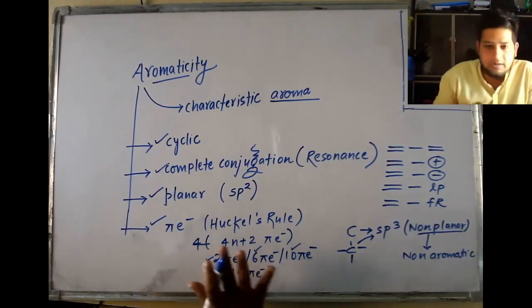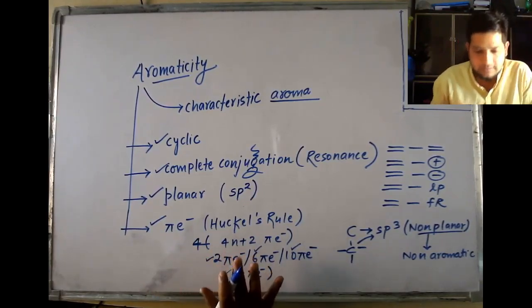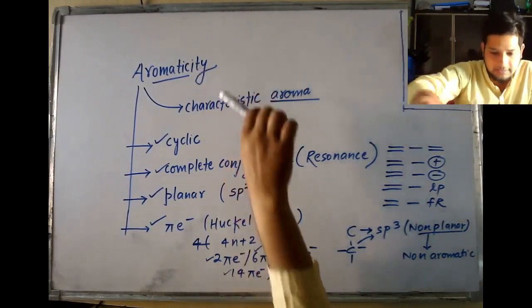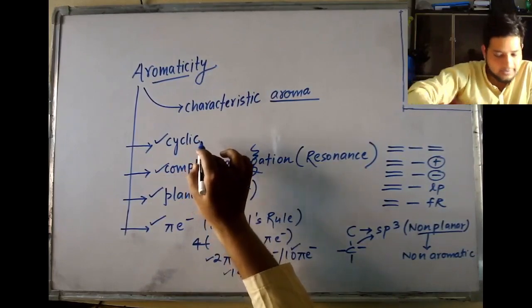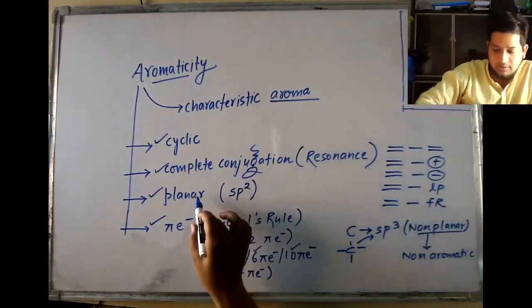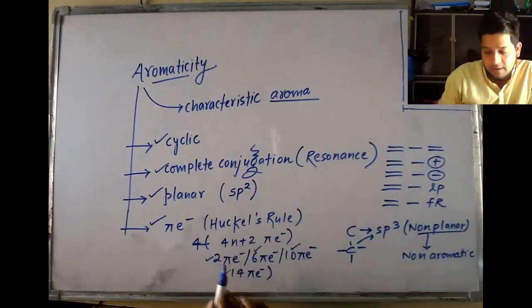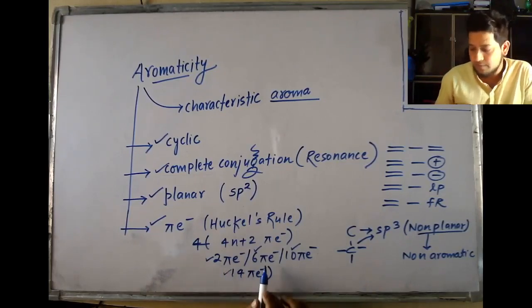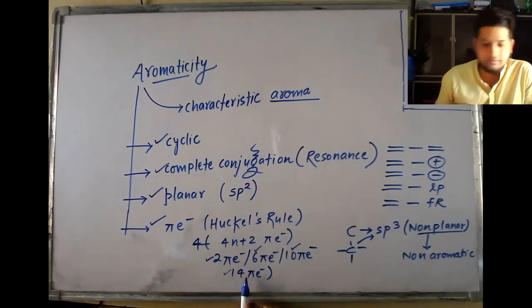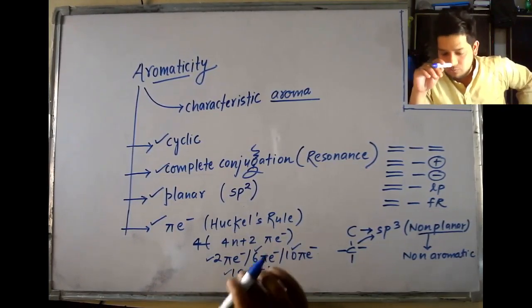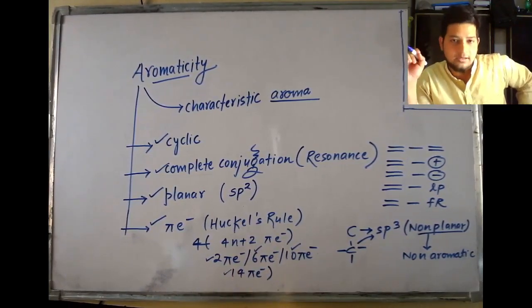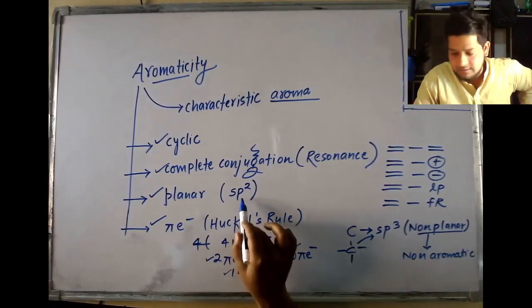So what have we learned from this particular slide? For aromaticity, there are four conditions to check: cyclic system, complete conjugation, planar system, and pi electrons in the format of 2 pi, 6 pi, 10 pi, and 14 pi. Now, many students have this problem: sir, how to calculate pi electrons? We know sp2 carbon is easy to spot.